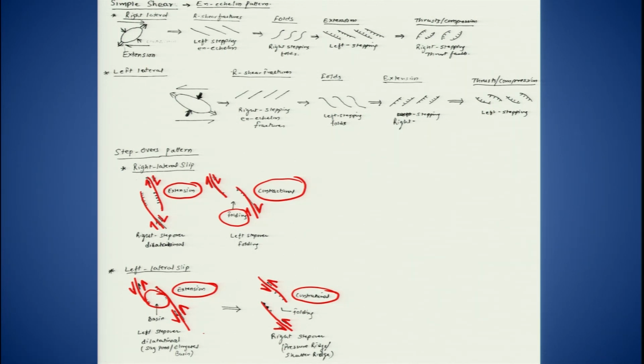Now if you look at the shear fractures with respect to the right lateral movement and the left lateral movement, and if you consider the ellipse, then you will have extension like that and the contraction in this direction.